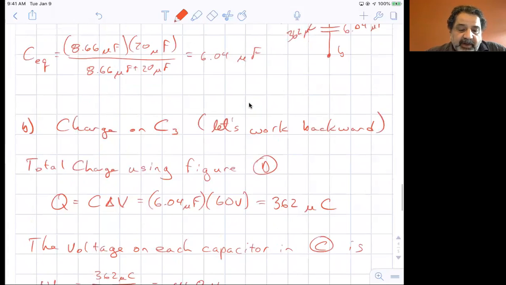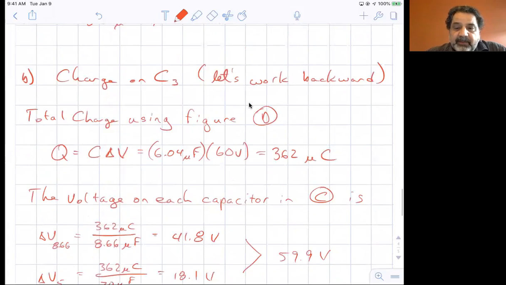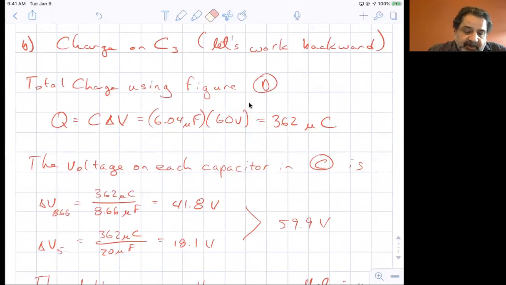That's from an error I had earlier. Let me change that real quick. Sorry about that. So for the 8.66 microfarad, it's 41.8 volts, and for the voltage across the 20 microfarad, you get 18.1 volts.